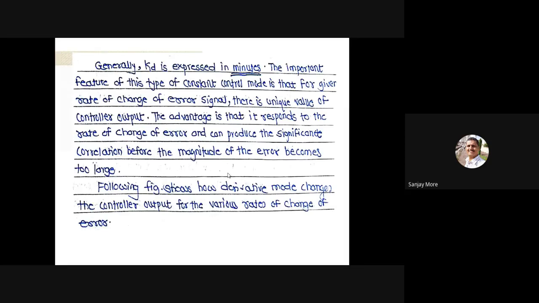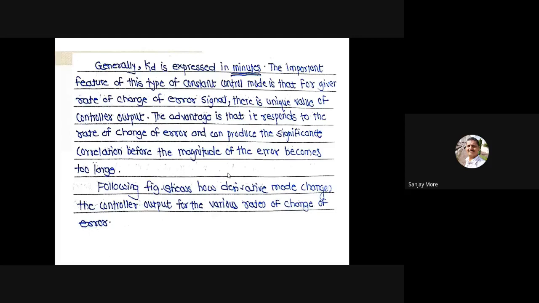The important feature of this type of control mode is that for a given rate of change of error signal, there is a unique value of control output. Means the control output is directly proportional to the rate of change of error signal.